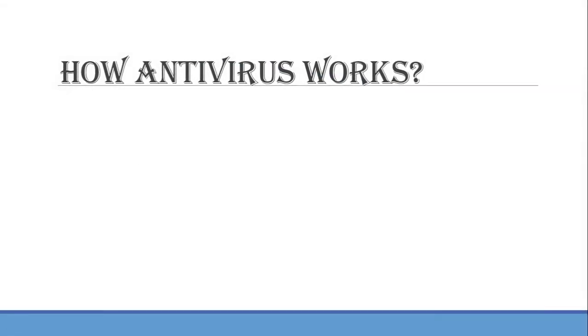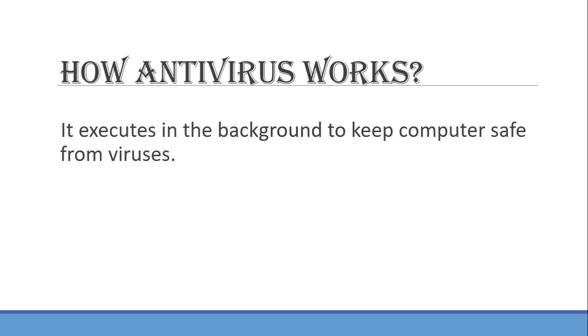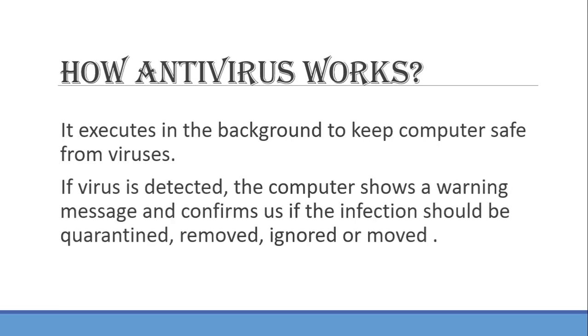How does antivirus work? It executes in the background to keep the computer safe from viruses. So it works in the background of our computer system. If a virus is detected, the computer shows a warning message and asks us if the infection should be quarantined, removed, ignored, or moved.